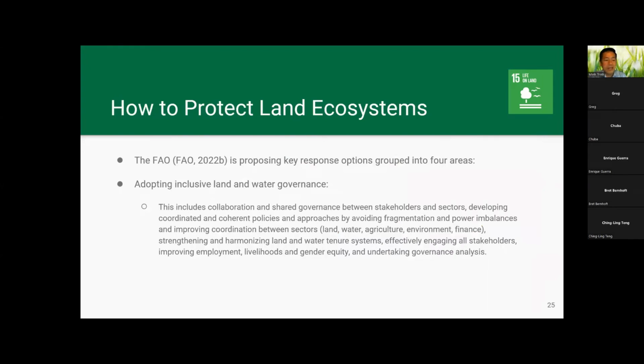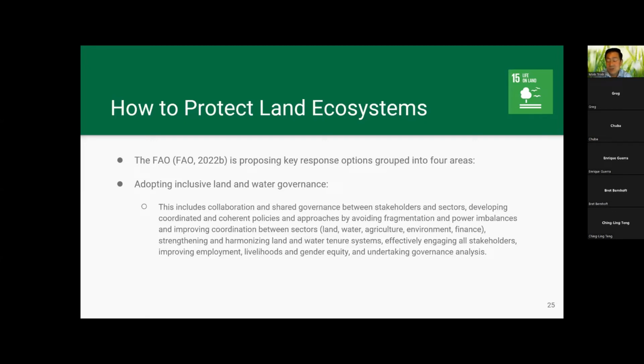So how to protect land ecosystems? Some of these reports, when you read them, have some good ideas. Some of them are more like wishful thinking. It's not clear how they can achieve that. But these are ideas. For instance, the FAO is proposing adopting inclusive land and water governance: collaboration and shared governance between stakeholders and sectors, developing coordinated and coherent policies and approaches by avoiding fragmentation and power imbalances.